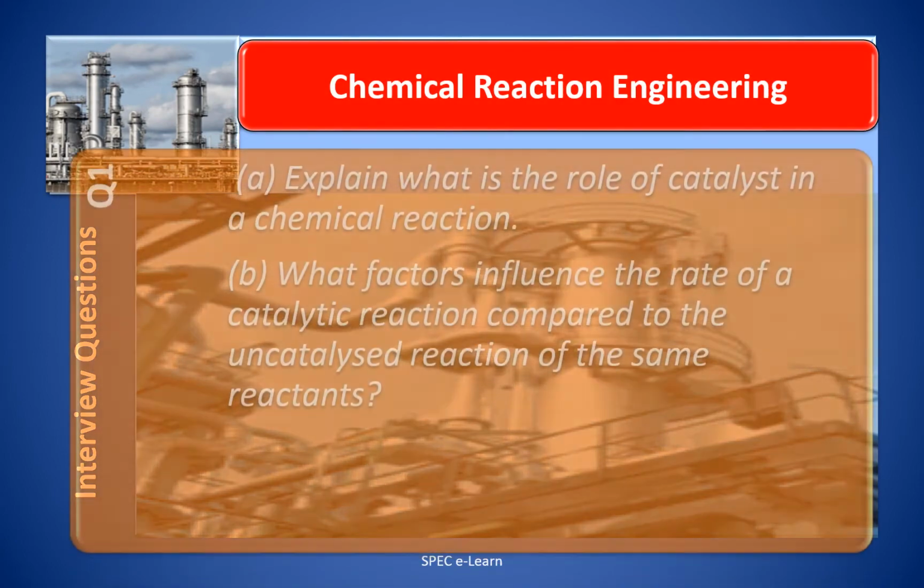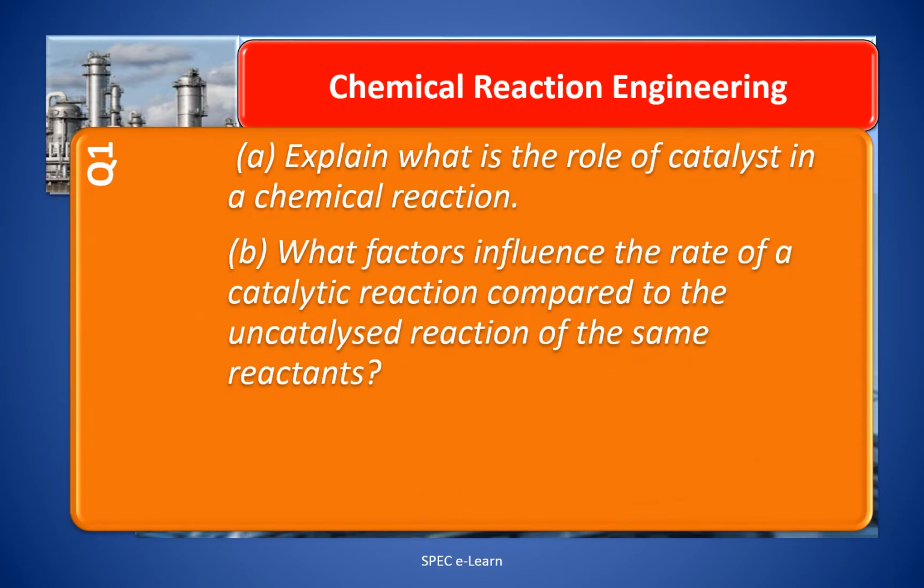Question number 1. It consists of 2 parts. Part A. Explain what is the role of catalyst in a chemical reaction. Part B. What factors influence the rate of a catalytic reaction compared to the uncatalyzed reaction of the same reactants?